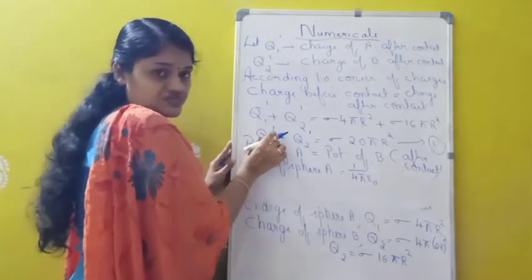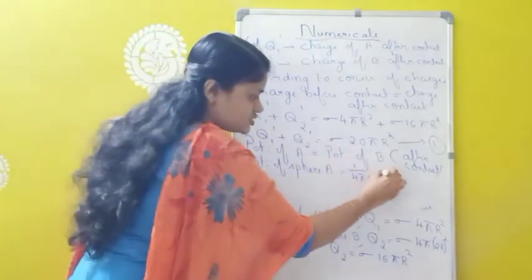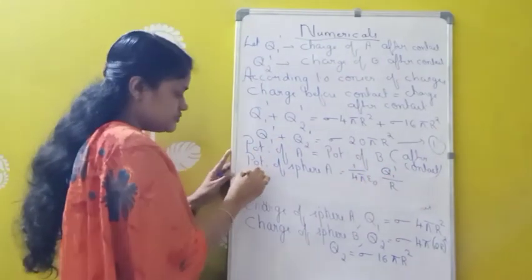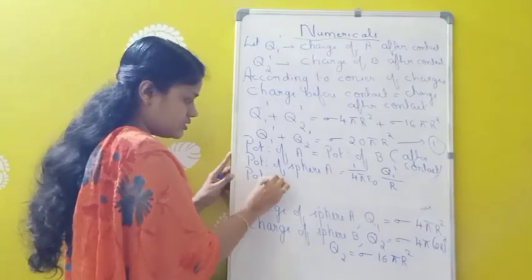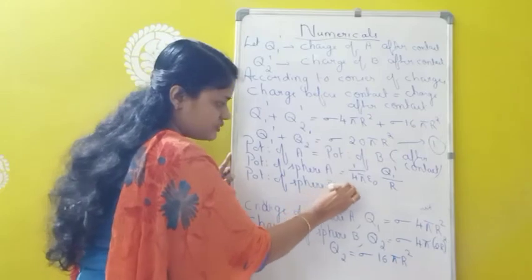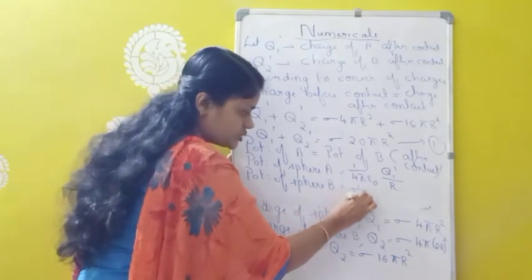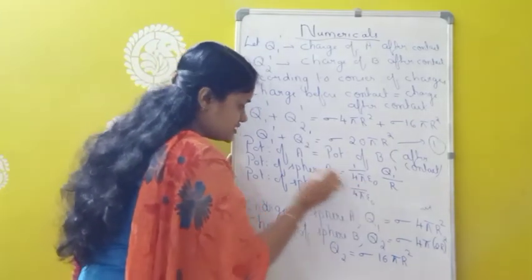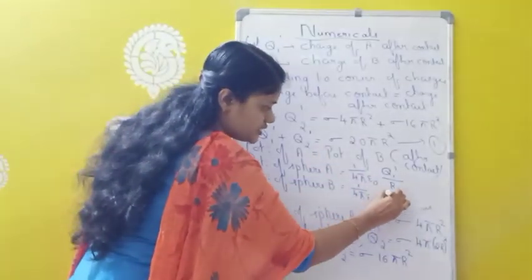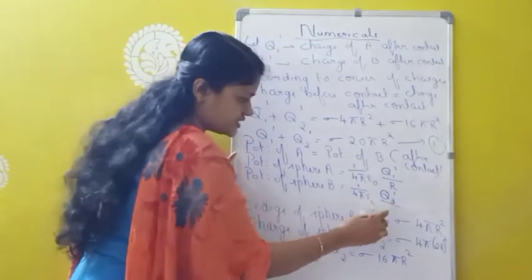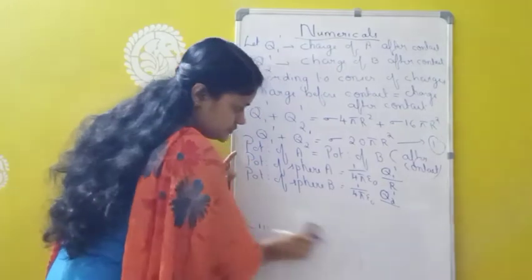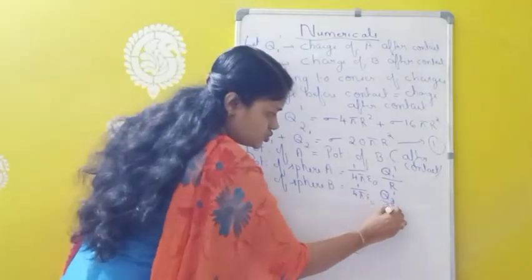The charge after contact for the first sphere is Q1 dash, divided by the radius, capital R. Similarly, the potential of sphere B equals 1 by 4 pi epsilon 0 times the charge of the second sphere after contact, Q2 dash, divided by its radius, 2R.